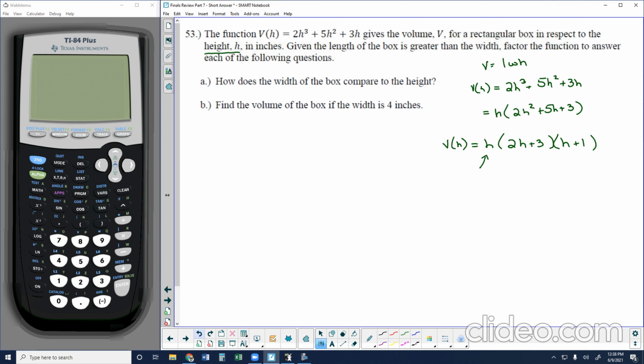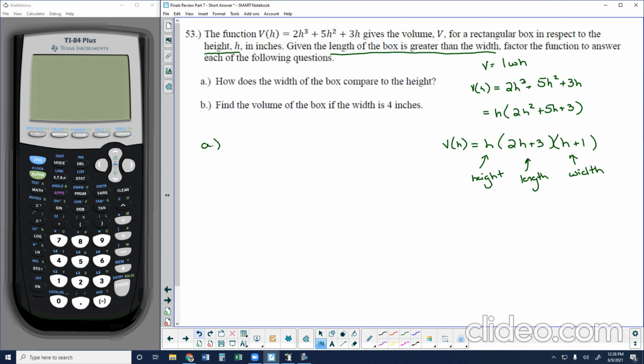Now we know that h again stands for height. Another thing that it told us here was that the length of the box is greater than the width. So the larger of these two, 2h plus 3, would then be the length, and h plus 1 would be the width. So the question in A says, how does the width of the box compare to the height?